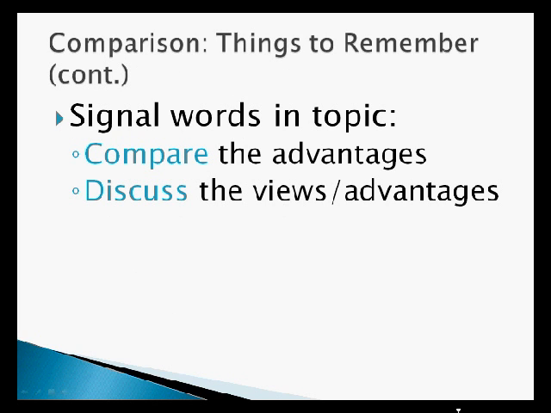When looking at the topic itself, again, it's important to notice, well, what are the signal words that tell me what kind of topic it is? In this case, words such as compare, like compare the advantages. Discuss, like discuss the views or discuss the advantages. These are often pretty clear signals that are telling me that I need to compare something in the essay.